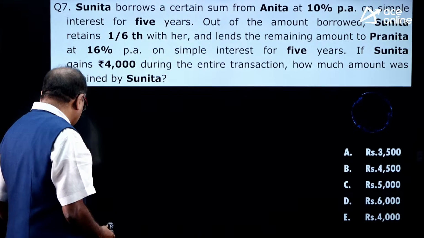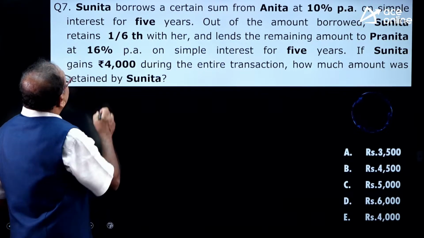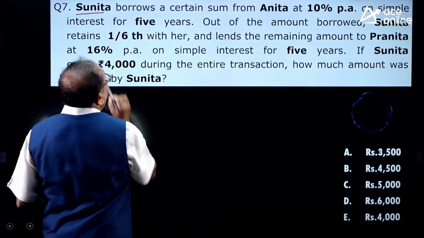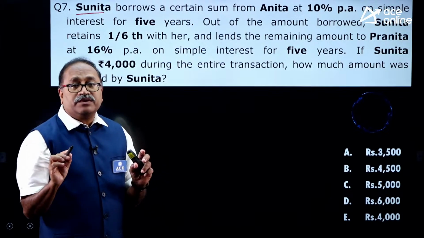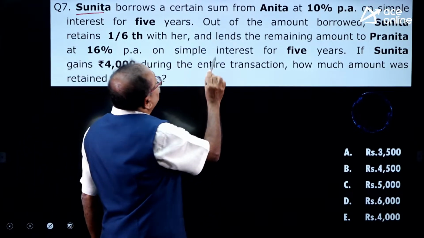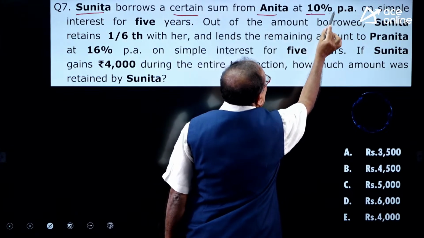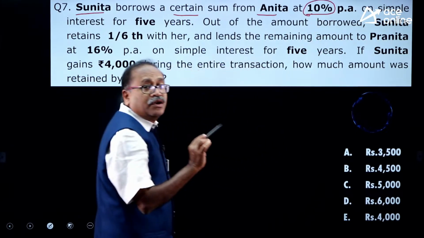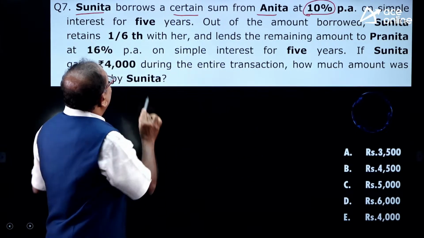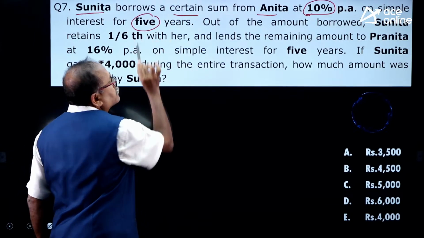Let me read down this question, and then I will give you certain time. Sunita borrowed, it's a very good question. Sunita borrowed a certain sum from Anita at the rate of 10% per annum on simple interest for 5 years.